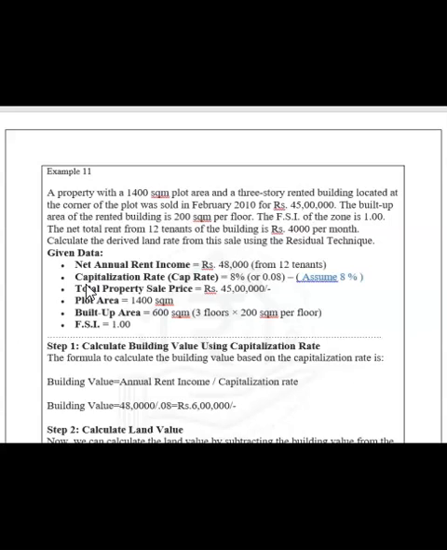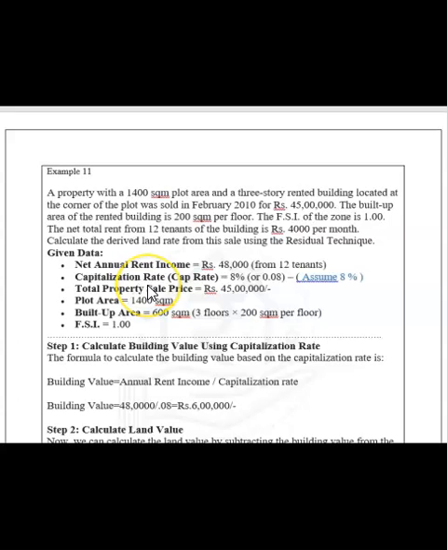Okay, now we start. Here data is given. Net annual rent income is 48,000, that is 4,000 into 12. Our formula wants per annum income, so directly multiply 4,000 into 12, 48,000 rupees. Okay. Then the capitalization rate.